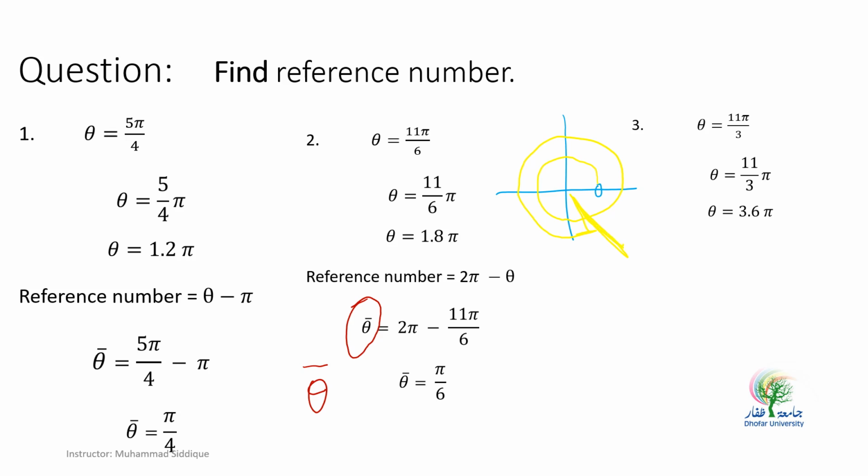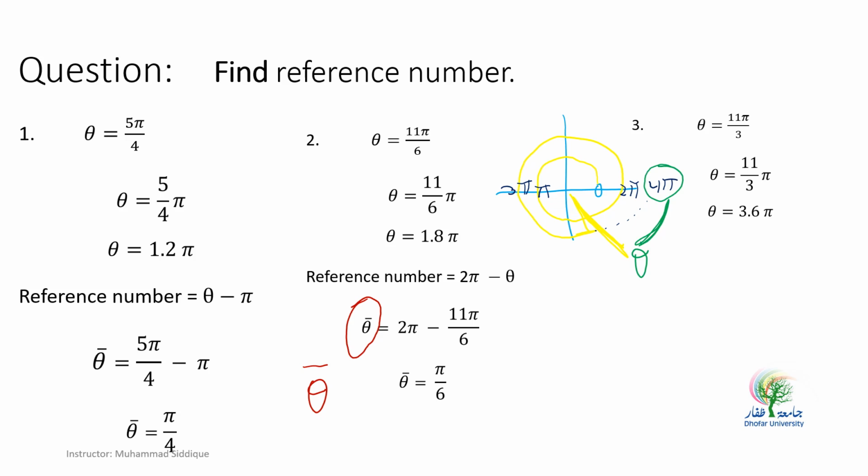3.6 is here. So it is again in the 4th quadrant, but see, this is pi, this is 2 pi, and this is 3 pi. And when it touches here, that is called 4 pi. I have to find the distance between 4 pi and theta.